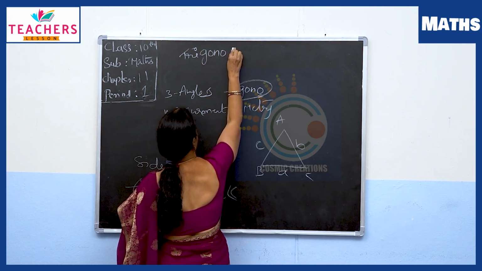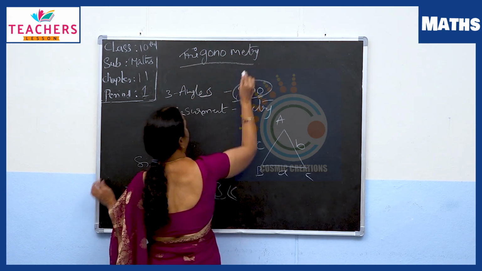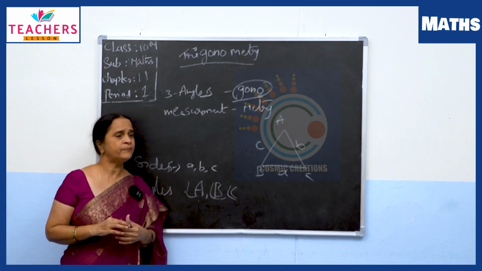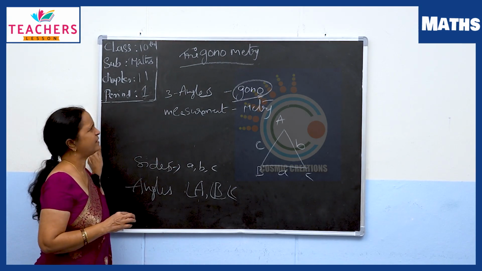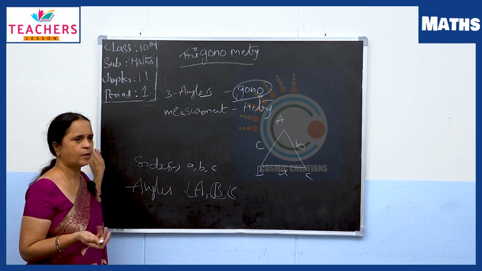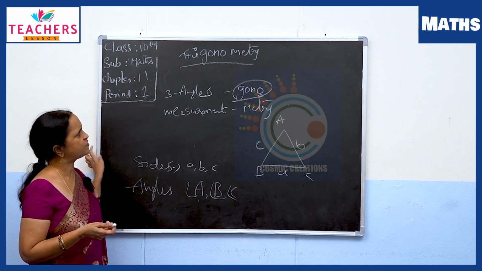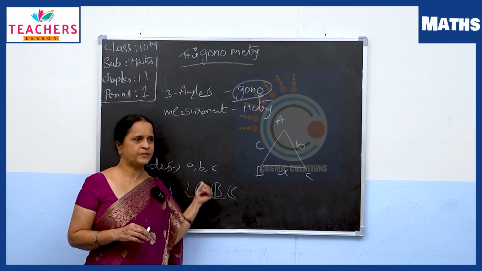What is the chapter name? Can you say? Trigonometry. Very good. We are going to study the trigonometry chapter. The name itself is very simple. But one of the most feared topics in maths is trigonometry.